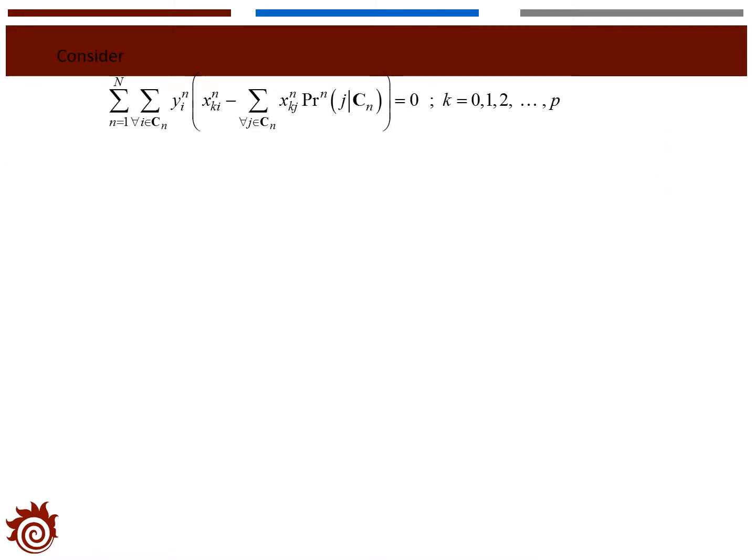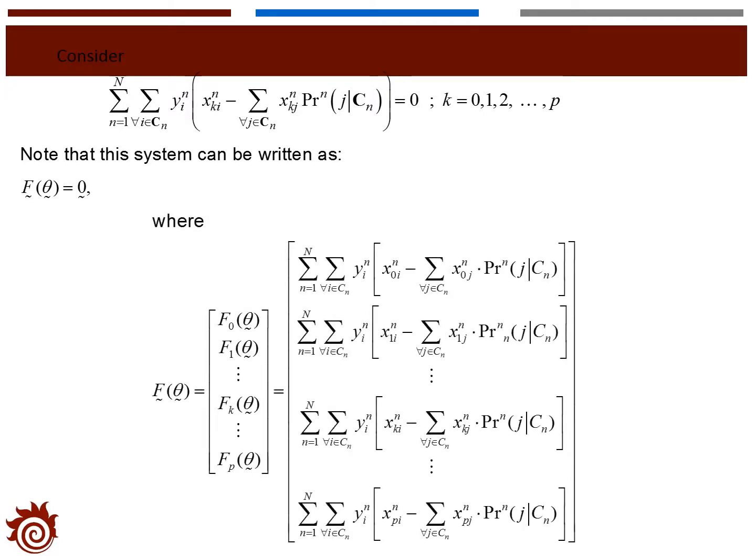The p+1 equations can be rewritten into a vector format: capital F theta equal to 0. Here F theta is a p+1 vector, and each element in the vector represents one equation with respect to one parameter.